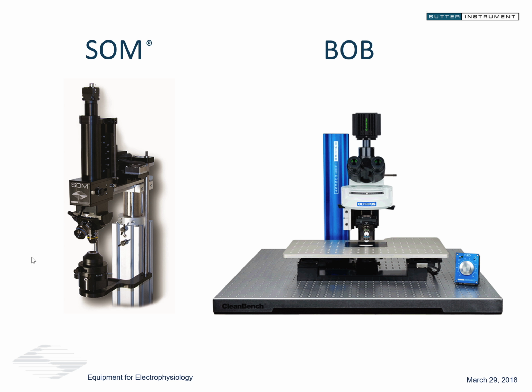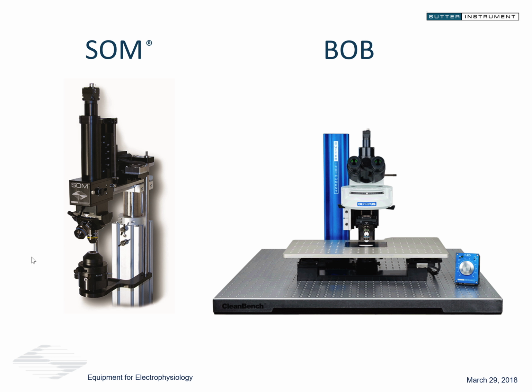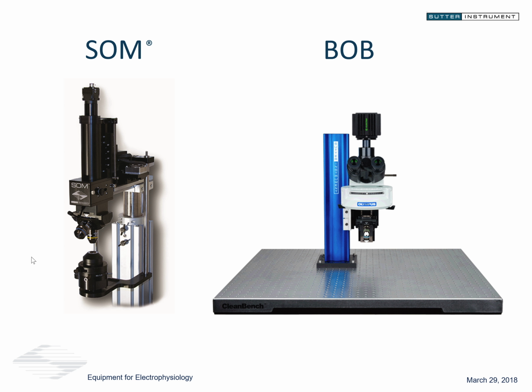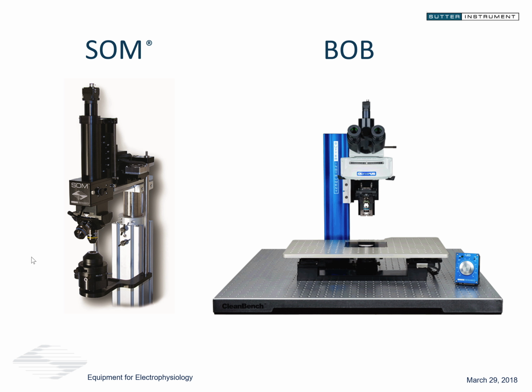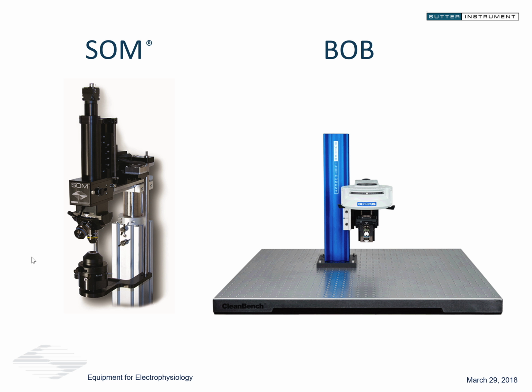You need water immersion objectives, obviously, with certain limitations, but it definitely is possible to use that on an upright microscope, including the SOM and the Bob. What you cannot do is record slices on an inverted microscope, because you would have to, in essence, focus through the entire tissue, and that degrades the image quality to a point where it's tricky, to say the least. It has been done, but I wouldn't do that.